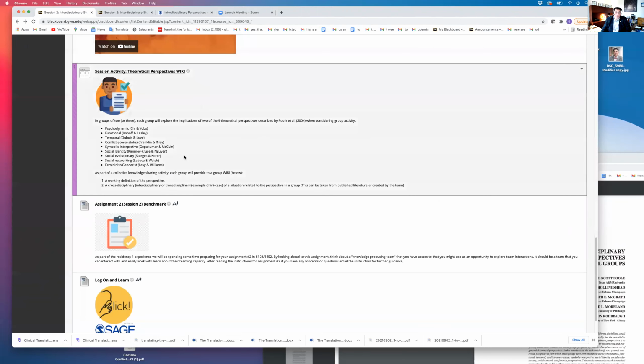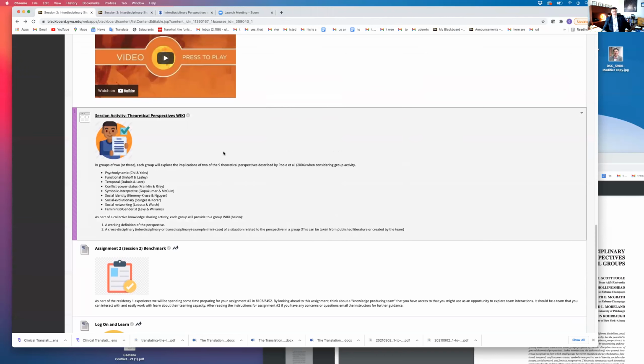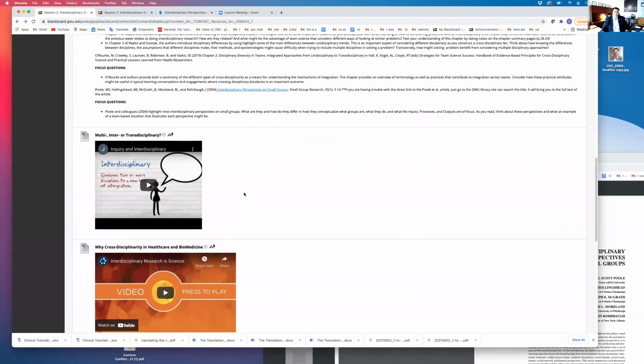You all have an opportunity to share with each other what is behind each one of these different perspectives: psychodynamics, functional, temporal, conflict power status, symbolic interpretive, social identity, social evolutionary, social networking, feminist, genderist. And as you can see, you're assigned one of those each. So as you read the paper, you might want to check in with your buddy that you're paired with and see how you're going to organize what it is about each one of these particular perspectives.